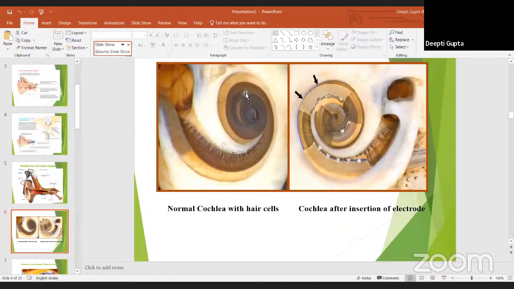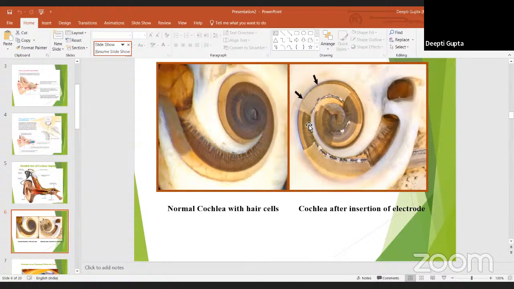This is our normal cochlea, in which we have all kinds of hair cells. There is no damage of the hair cells. But this is the cochlea where hair cells are damaged. Some hair cells are not present here, and some are not present here, and some are not present here. We can see clearly in the picture. So in the cochlea, we are inserting the electrode.